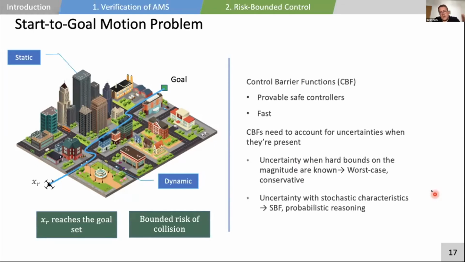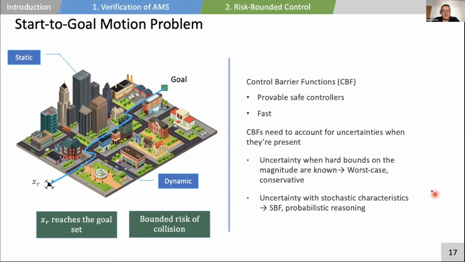As a core tool here, we're going to build on the theory of control barrier functions to develop provably safe controllers that can be computed on the fly. So we want something very fast, and we need to account for uncertainties when they're present.